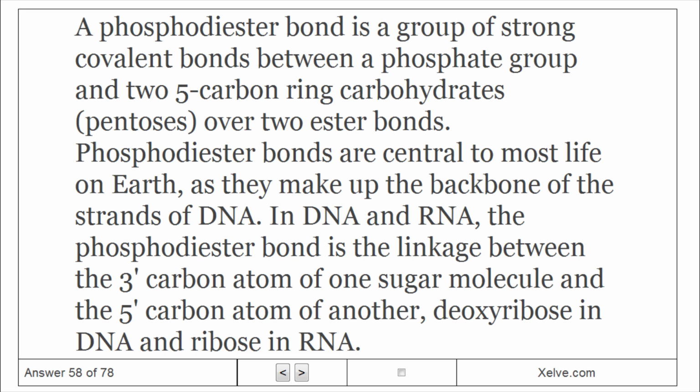Phosphodiester bonds are central to most life on Earth, as they make up the backbone of the strands of DNA. In DNA and RNA, the phosphodiester bond is the linkage between the 3-carbon atom of one sugar molecule and the 5-carbon atom of another. Deoxyribose in DNA and ribose in RNA.